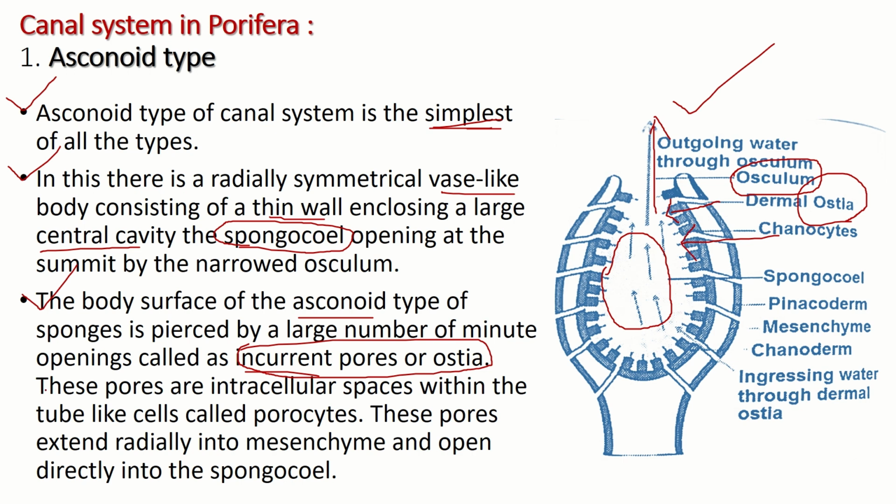These pores are intracellular spaces within tube-like cells called porocytes, meaning porous cells. These pores extend radially into the mesenchyme and open directly into the spongocoel.